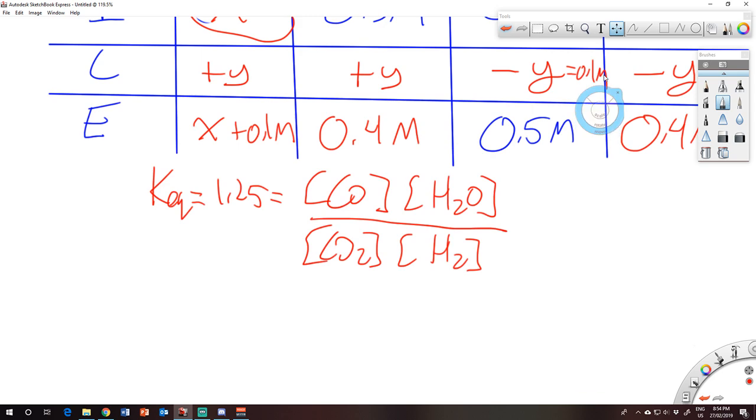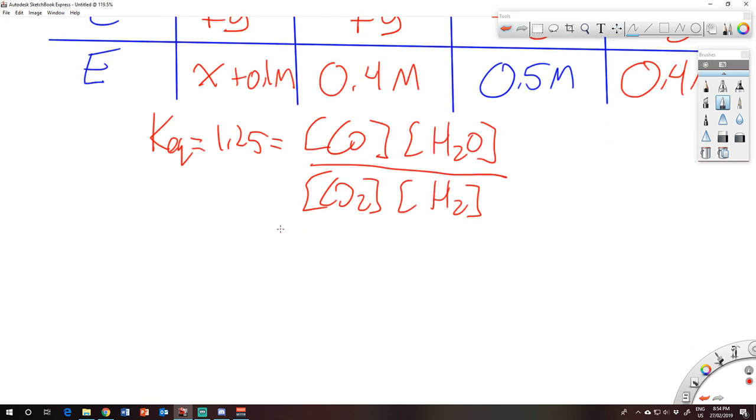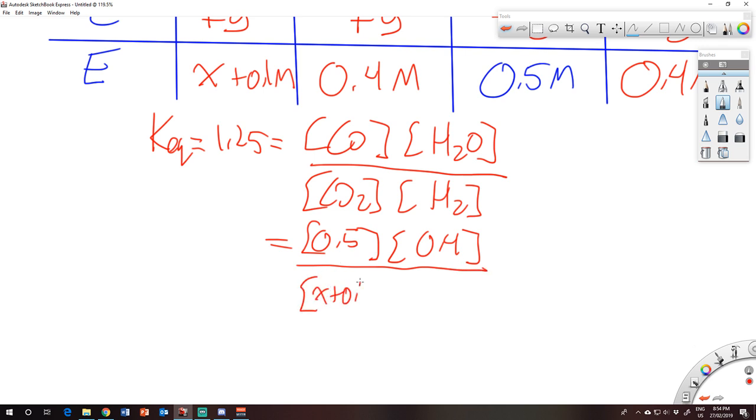Now, when I put in the numbers, I should really do this properly. My concentration of CO is 0.5, my concentration of H2 is 0.4, concentration of CO2 is X plus 0.1, and concentration of H2 is 0.4.